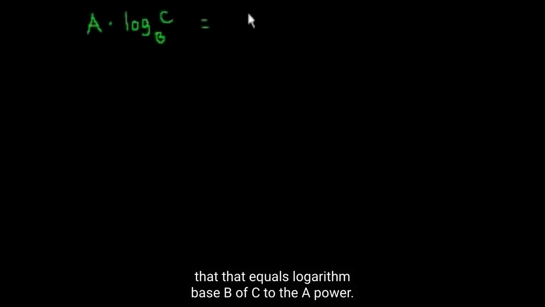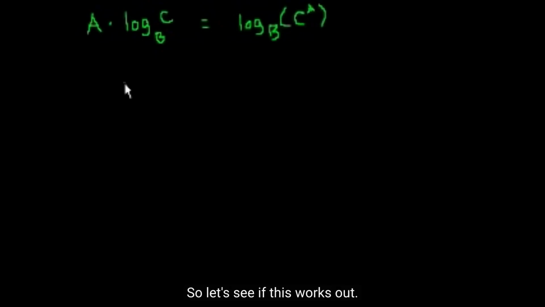So the next logarithm property is: if I have a times the logarithm base b of c, that equals logarithm base b of c to the a power. Fascinating. So let's see if this works out.